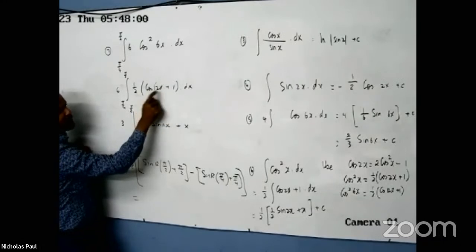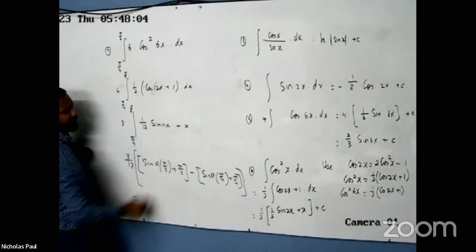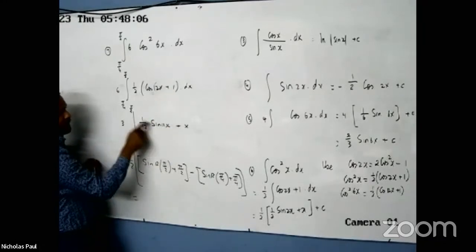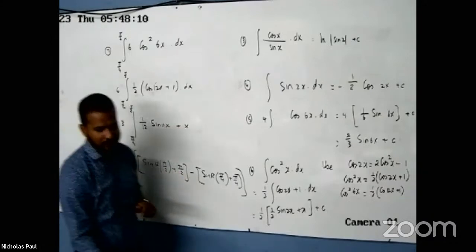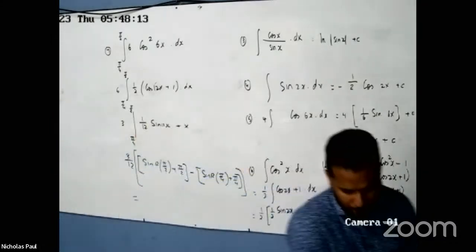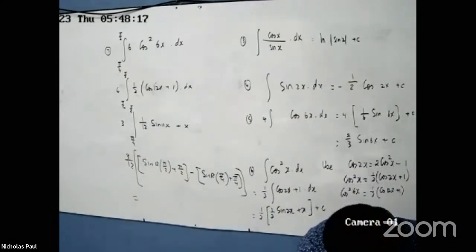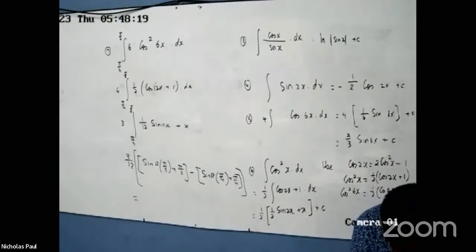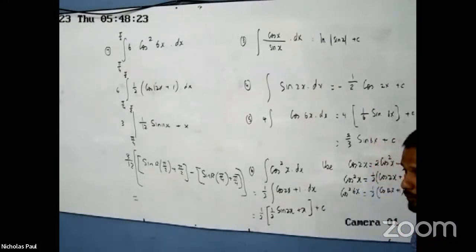The integral of cos 12x is 1 on 12 sine 12x. The integral of 1 is x. And then I plug in pi on 2, and I plug in pi on 4, and I'm trying to work it out. That's okay? Zachary, how much will I get?